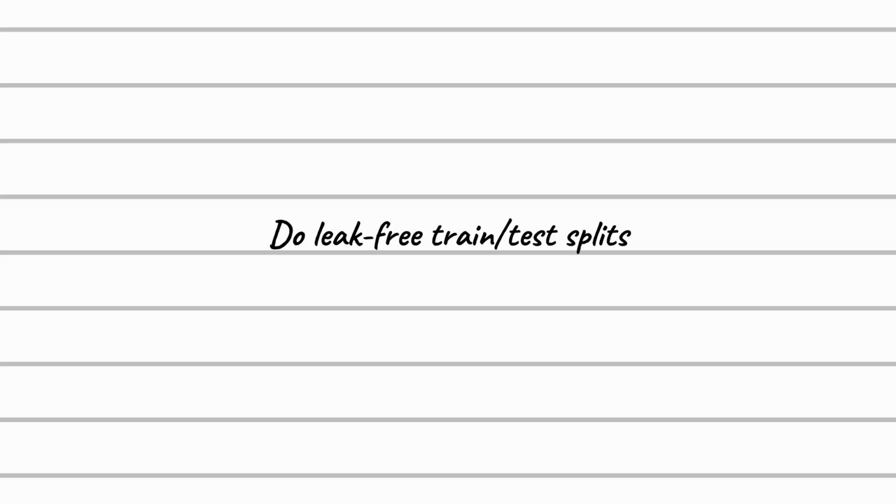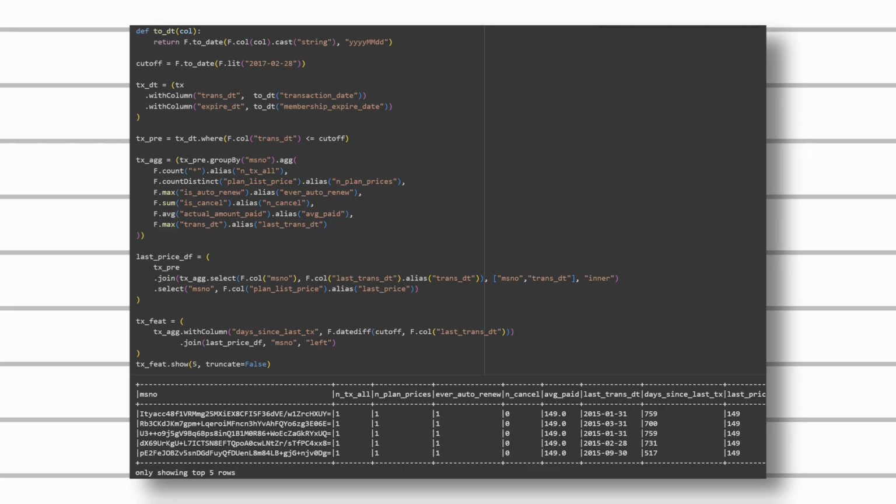Another big point is do leak-free train test splits, which is something that we missed in our original churn prediction project. In pandas, you might just do train equals df dot date less than a particular cutoff date. In PySpark, you should split by date before aggregating and making features.